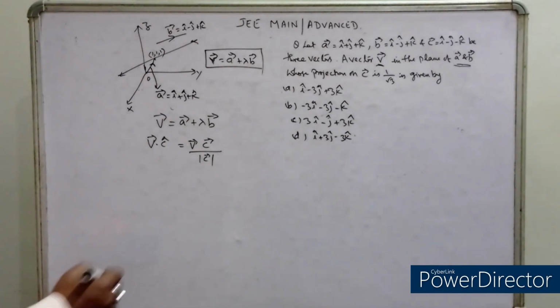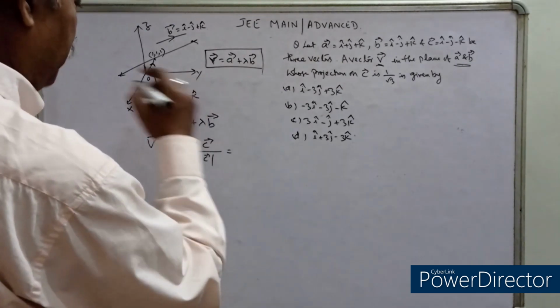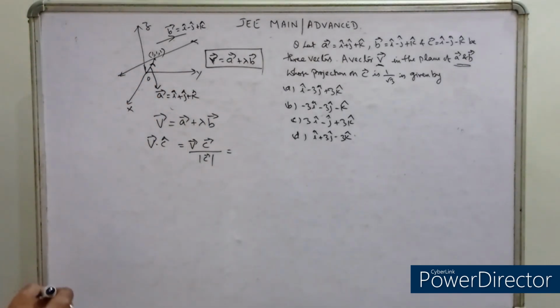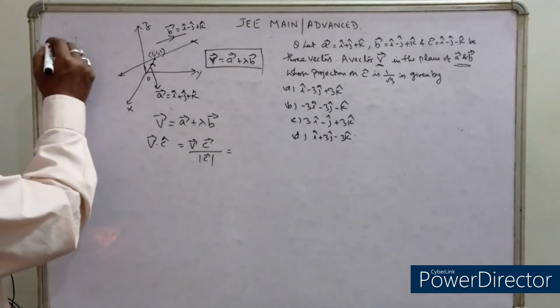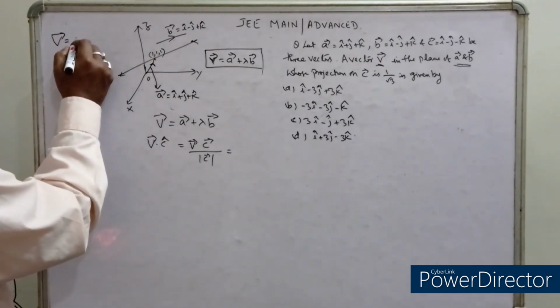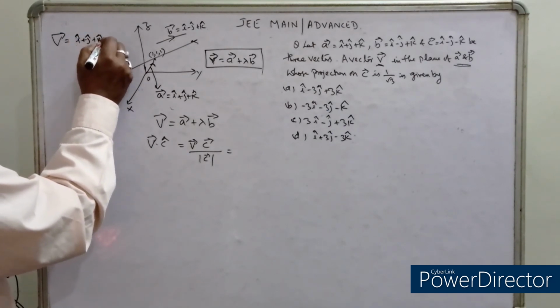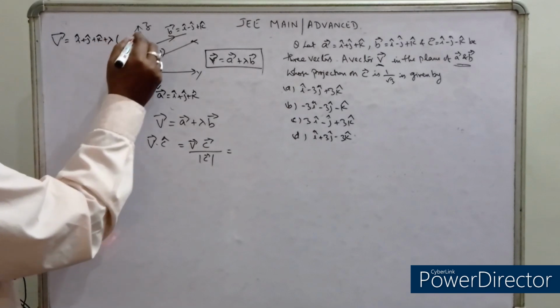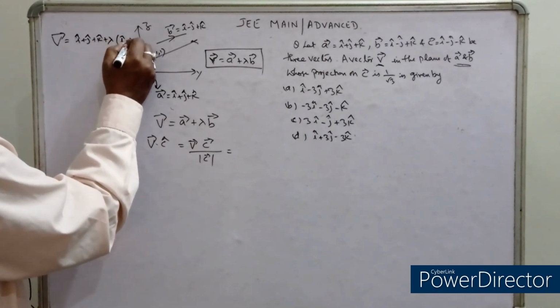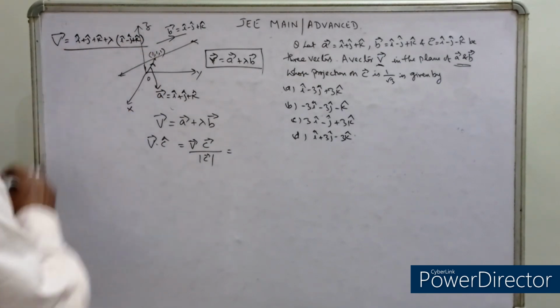Here your V vector is A plus lambda B vector. So let me write it: A vector is i cap plus j cap plus k cap, plus lambda times your B vector, which is i cap minus j cap plus k cap.